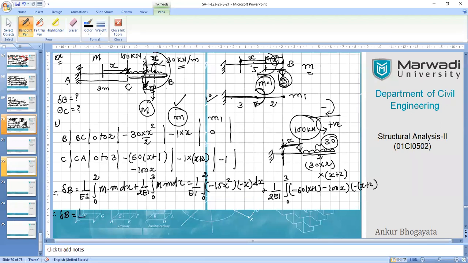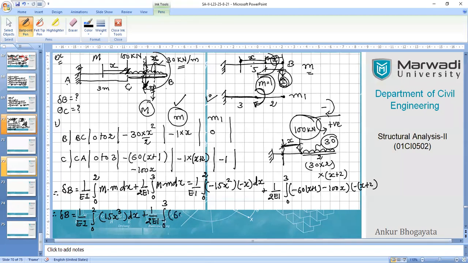Let's simplify it, right? EI, 0 to 2 meters is there. So the term becomes positive, 15x cube. Be careful when you are expanding the equations because that is usually the turning point in the numericals. 0 to 3 meters is there. Now let's try to remove the negative signs.